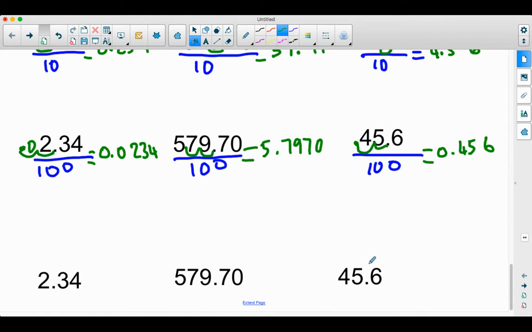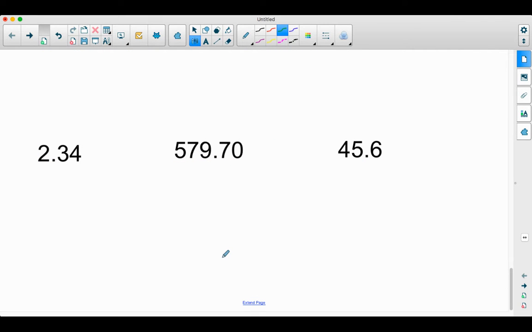Now, we are going to divide by 1,000. So 2.34 divided by 1,000.